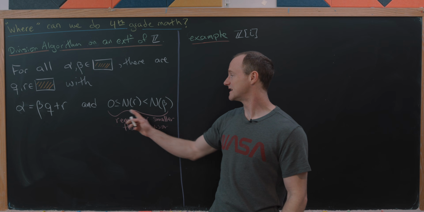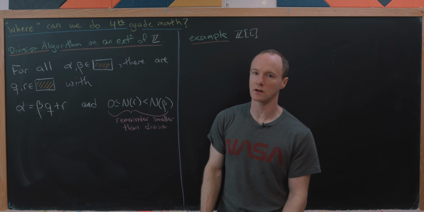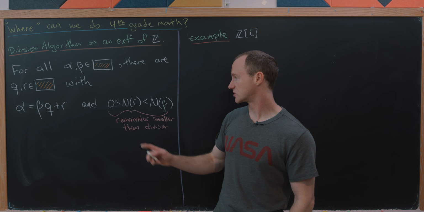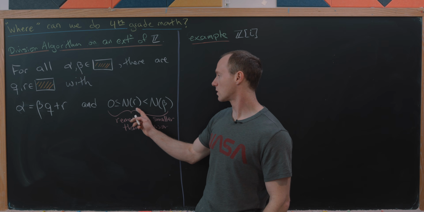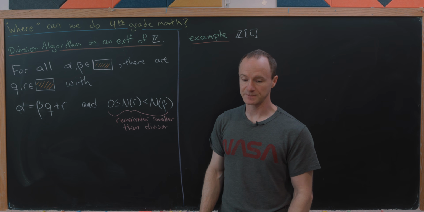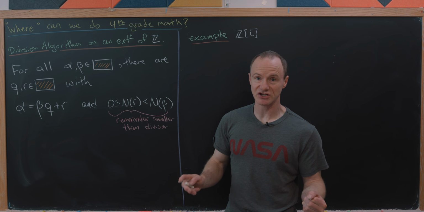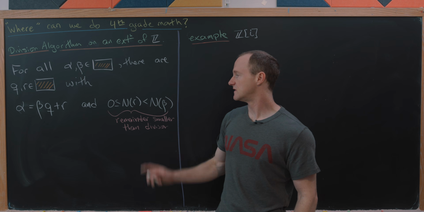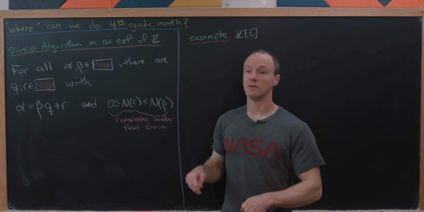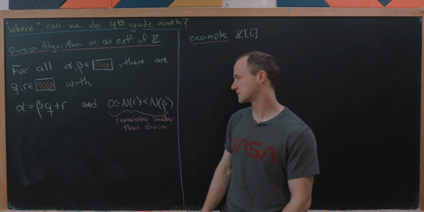And we need this condition right here that says that the remainder is smaller than the divisor using this norm function. And so we've got the norm of r is less than the norm of beta. And, well, we saw before that if we are in one of these imaginary extensions of the integers, then this norm can just be taken to be the modulus squared viewed inside of the complex numbers.